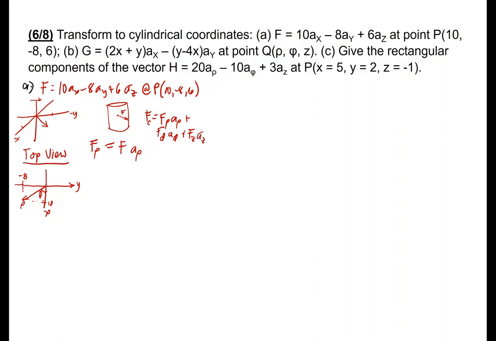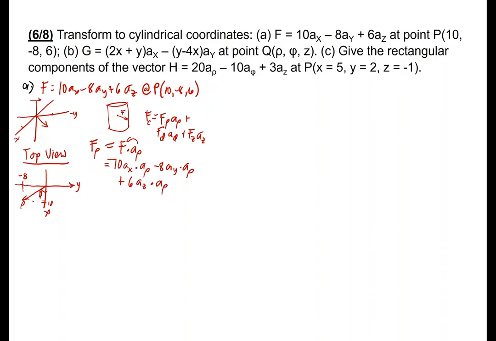Now take note, F rho is equivalent to 10 ax dot a rho. So we just distribute this to all the coordinates x, y, z. So plus, sorry, minus 8 ay dot a rho plus 6 az dot a rho.